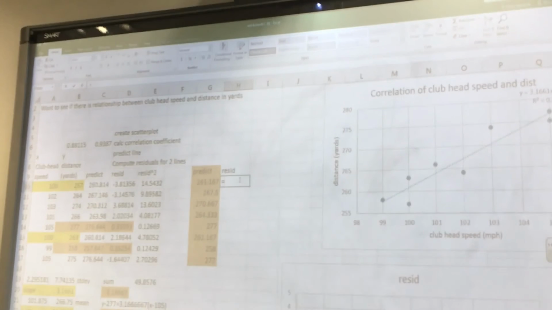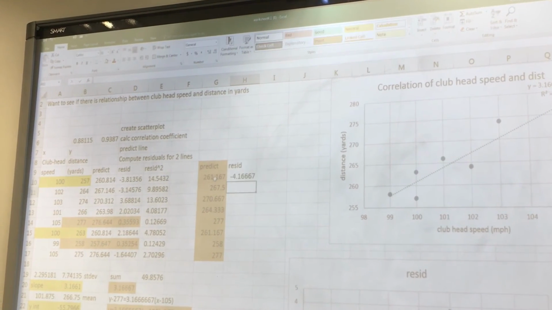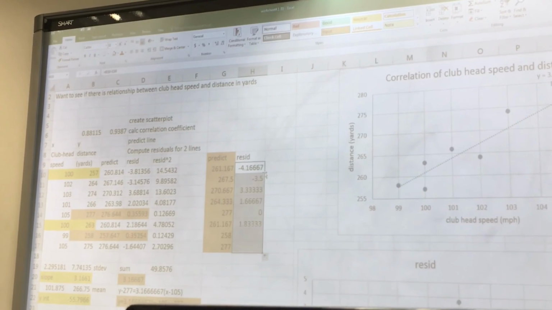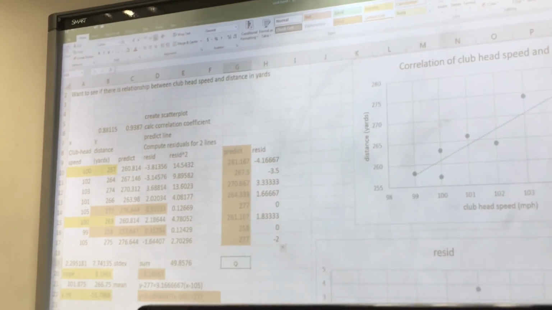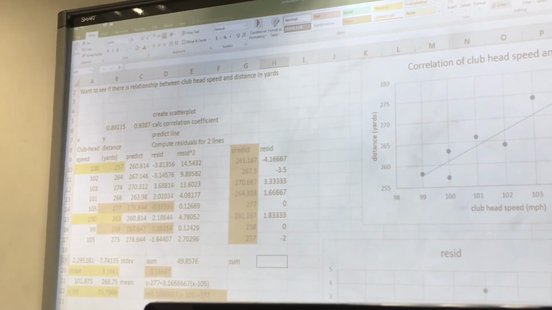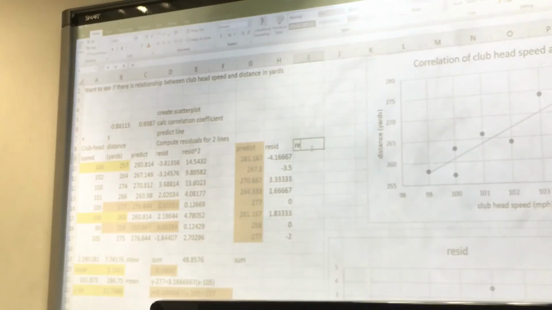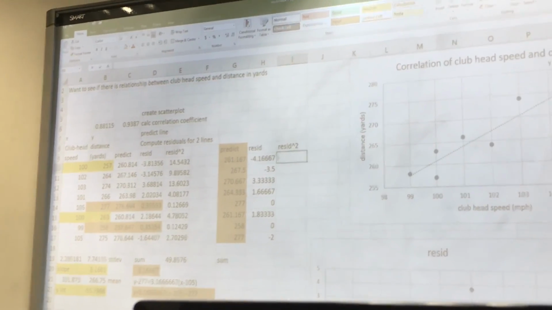That's going to be the actual minus the predicted. We're going to copy that down. Then we're going to find our residual squared, and then we're going to find our sum.